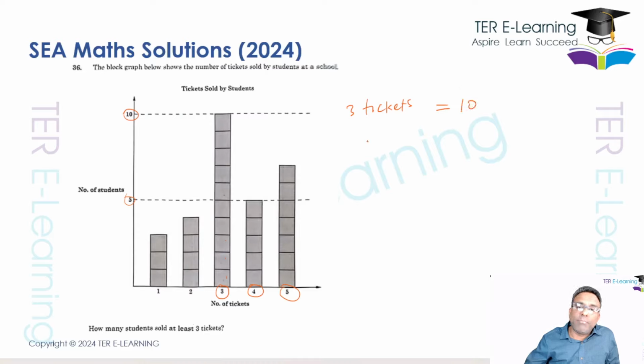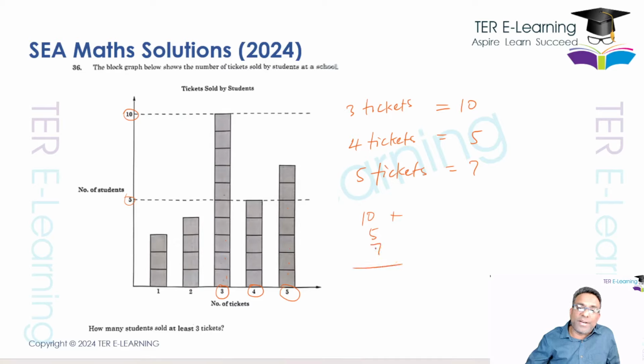The number who scored 4 tickets is going to be 5. And the number who sold 5 tickets, I don't know why I keep saying scored, this is going to be 1, 2, 3, 4, 5, 6, 7, right? So therefore, all I need to do is add up 10 students plus 5 plus 7.